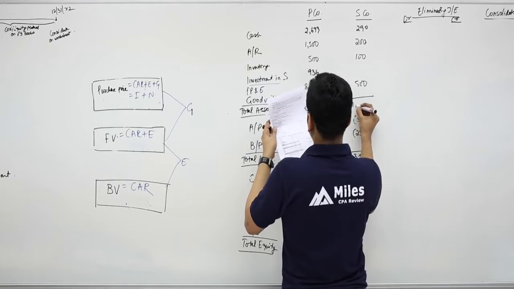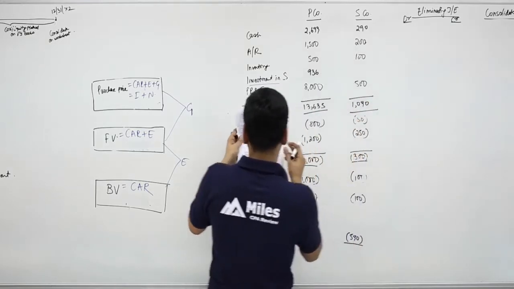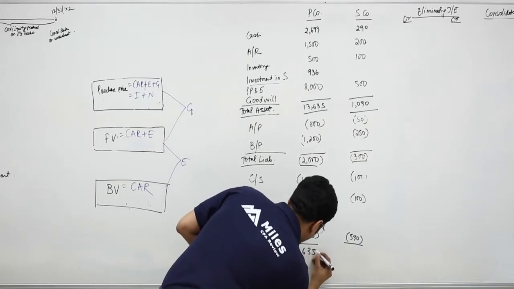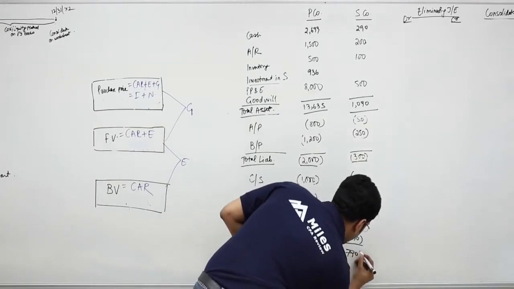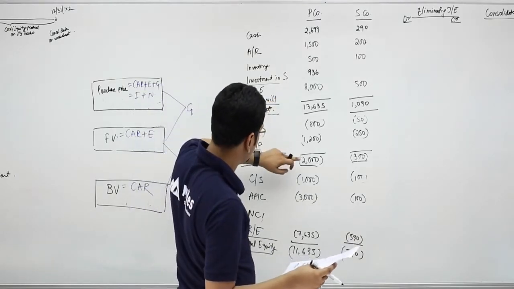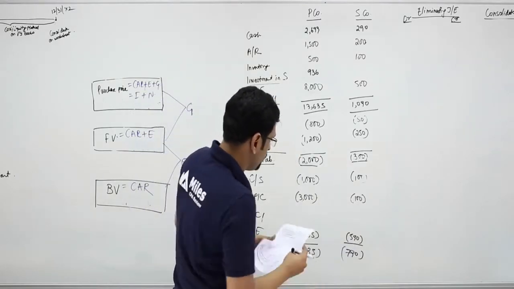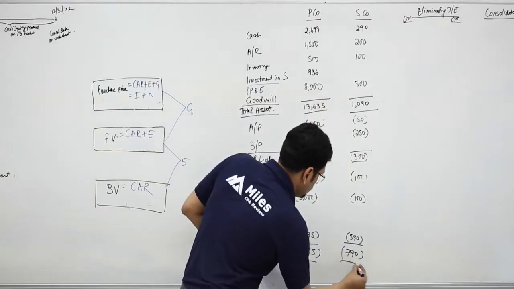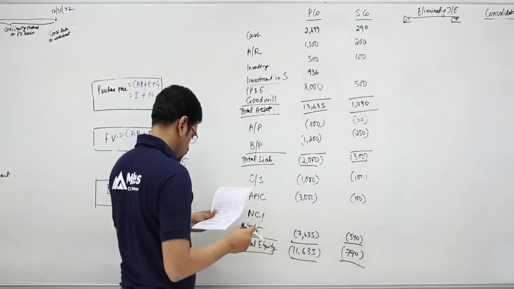This is 1,090, and then you have 11,635 and 790. So 13,635 minus 2,000 gives you 11,635. Good. 1,090 minus 300 gives you 790. So this is all good.